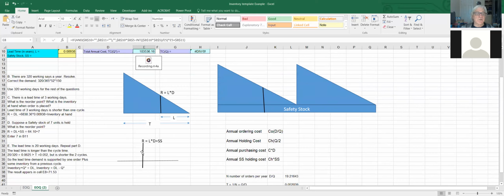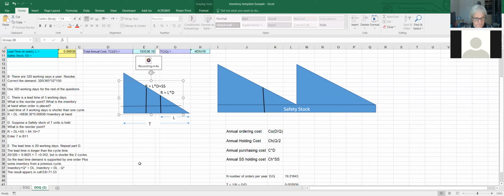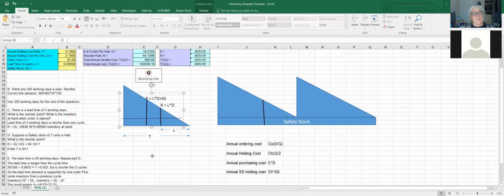Now to this, we are adding safety stock. And I'm adding this for you to see what it means. Many companies are worried about shortages, especially at the end of a cycle when the inventory by definition is lower.